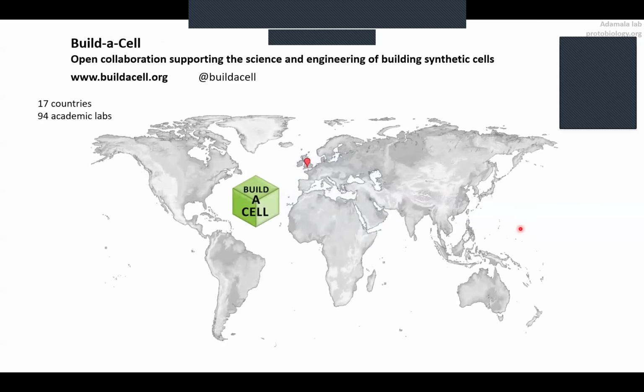And last but not least, there's literally dozens of us. I want to plug the Build-A-Cell community here. A lot of you probably think you don't belong in the Build-A-Cell community because we're the biologists, chemists, and you're doing something that's not biological or chemical, but that's not true. We all want to make living organisms from scratch, but in order to do that, we need expertise of people from all different areas.